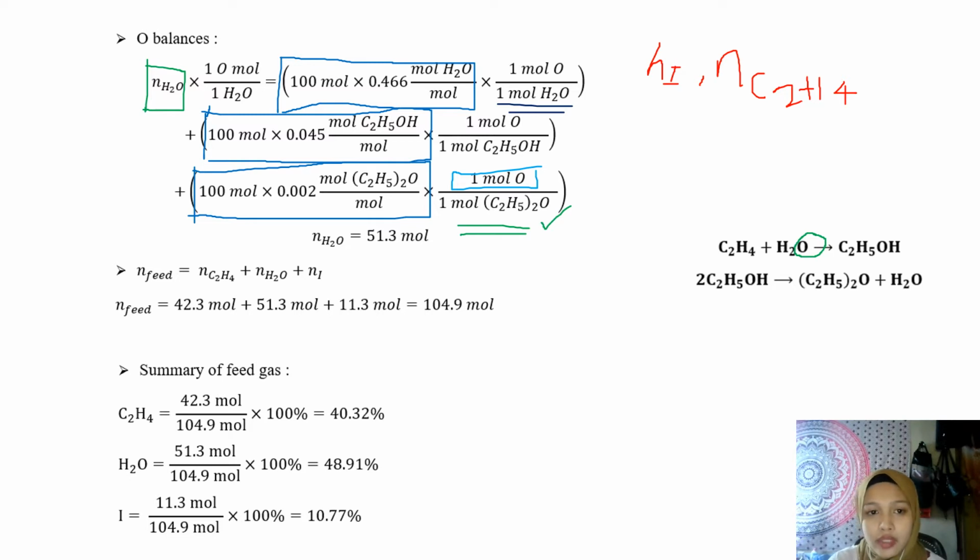Therefore, when we calculate all of this, we get the number of moles of water, 51.3 moles.